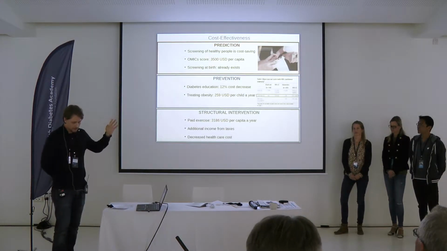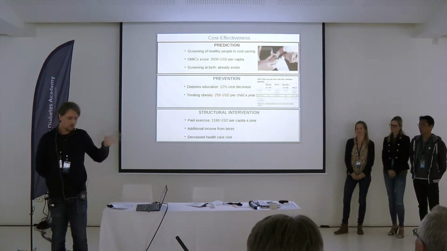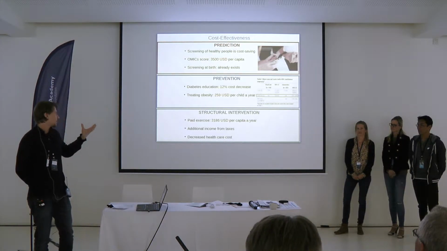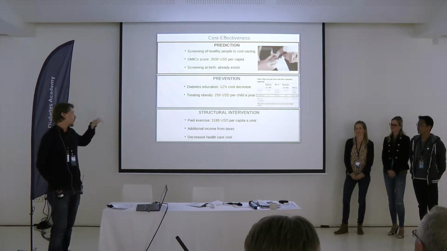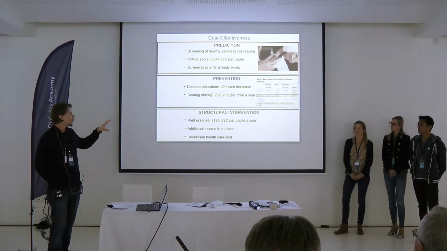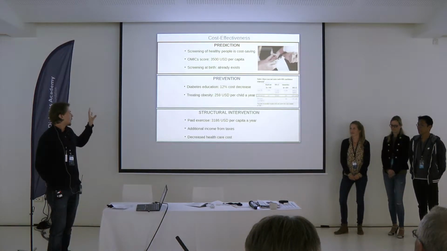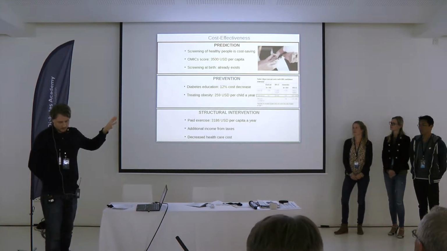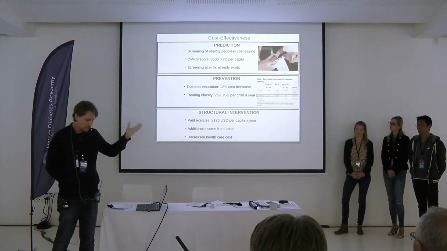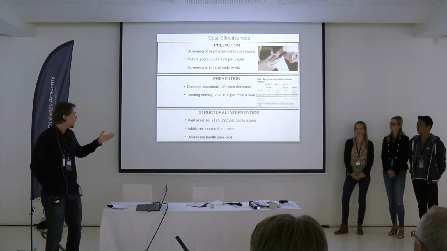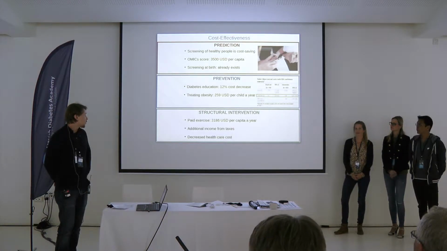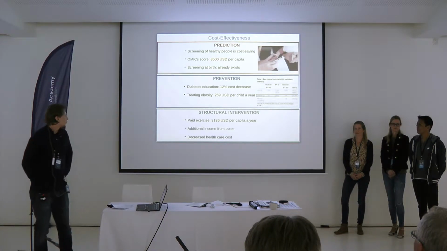The prevention program is the cheapest. The prevention program has been proven to be the cheapest and very efficient. Diabetes education, we have a lot of evidence showing that it is very cost efficient. Treating obesity using the Holbeck approach is just $300 per individual a year. It's very cheap.